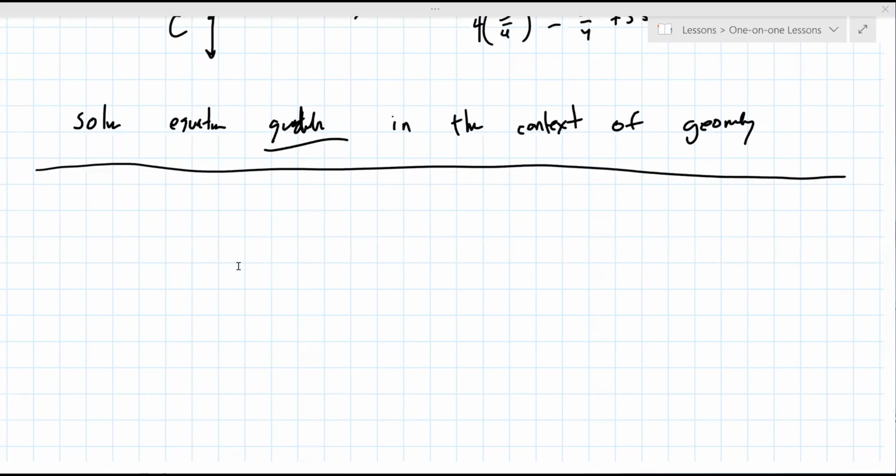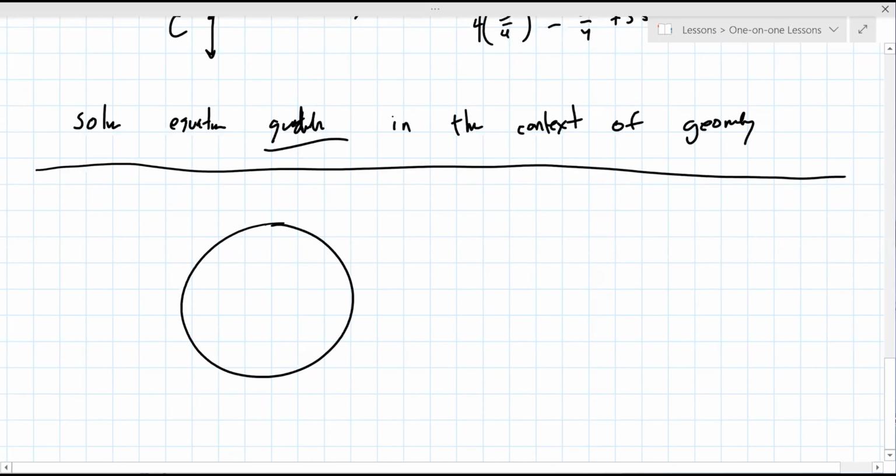Okay. So I could give you a circle. I could tell you that this is 30 degrees. And what's the measure of this one over here? Well, the other arc has to be 330 degrees.